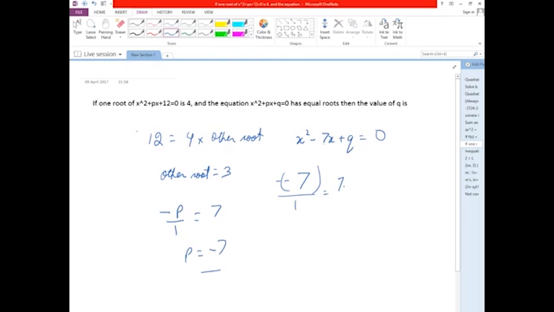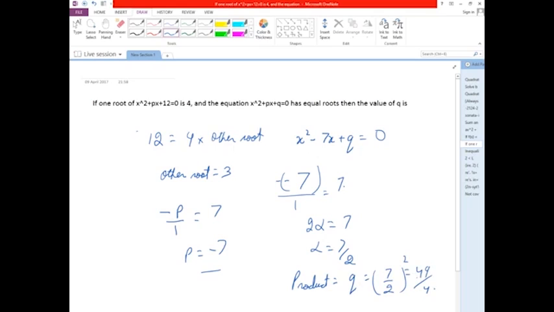And hence you can find q because the equation has equal roots. If both roots are equal, then their sum 2 alpha is equal to 7, alpha equal to 7 by 2. And hence q, the product of roots, which is c by a, is equal to q, which is 7 by 2 square, equal to 49 by 4.